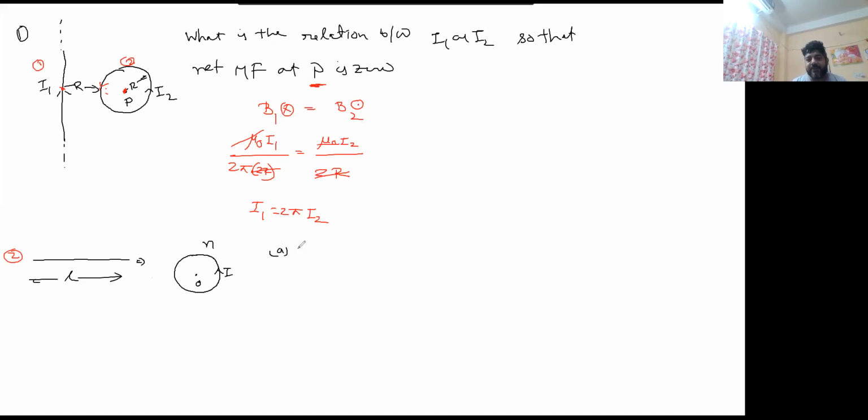The question is: magnetic field B is directly proportional to N; B is directly proportional to N square; B is inversely proportional to N; B is inversely proportional to N square. Which is the right option? Tell me.